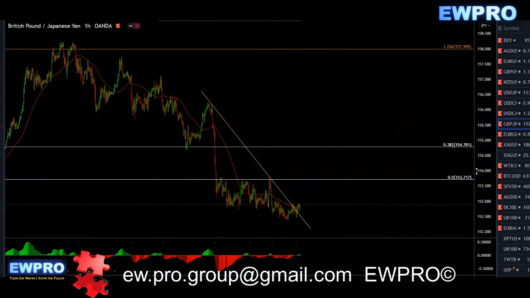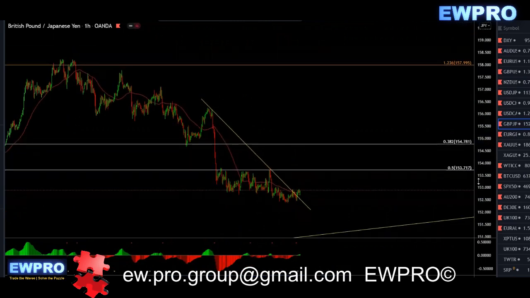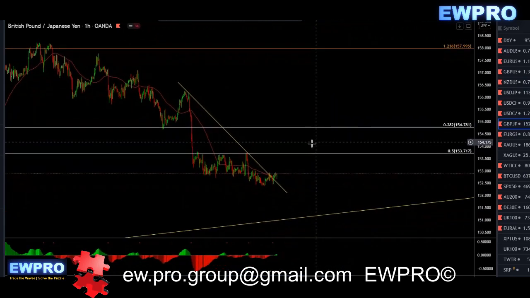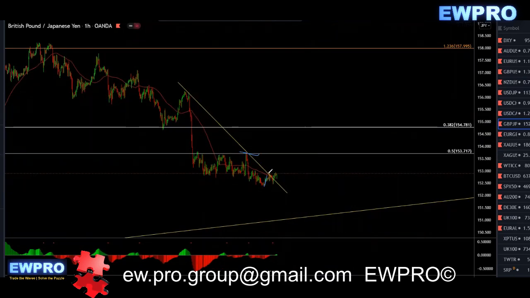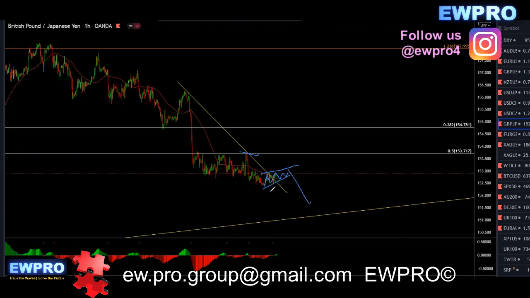You've broken out of this trend line with bullish divergence, so I'd be only buying once this top here is broken. I'd be waiting because this is still looking very much choppy. It may still give you more downside.